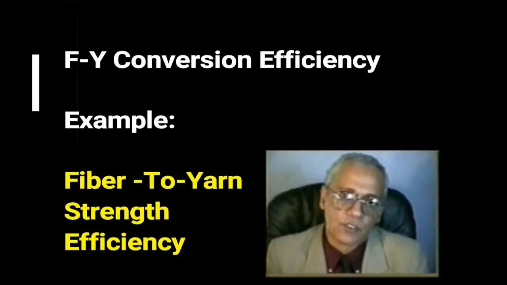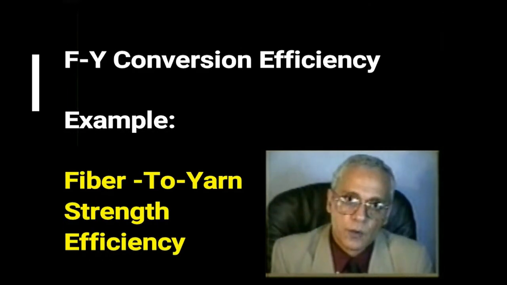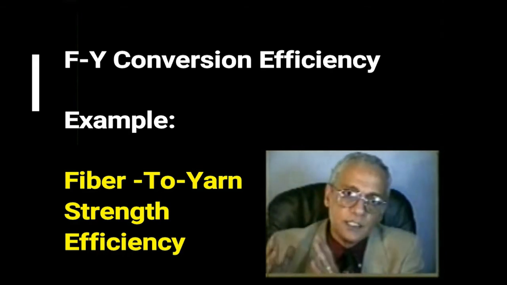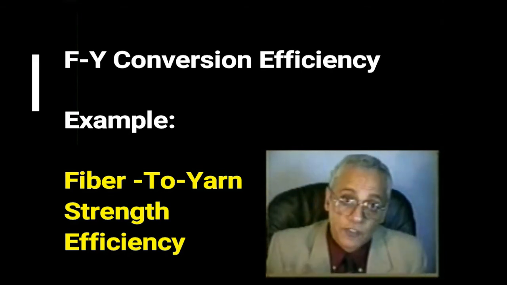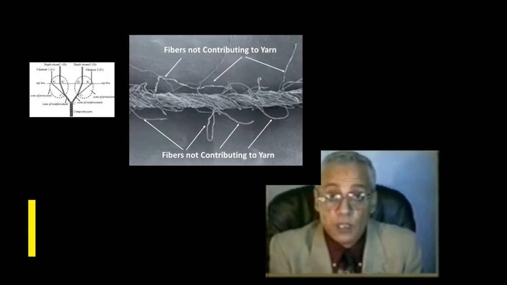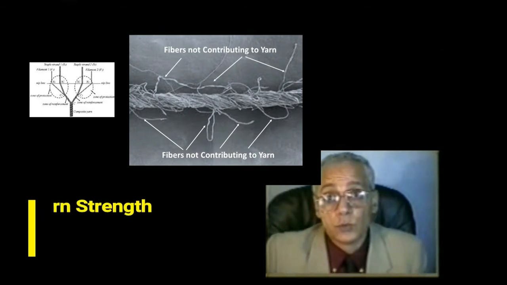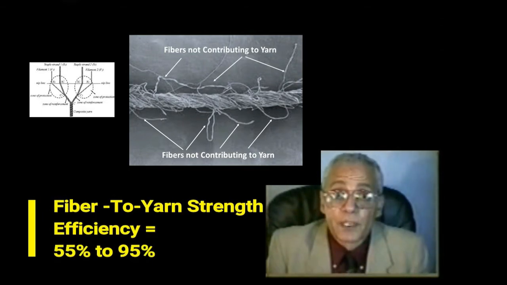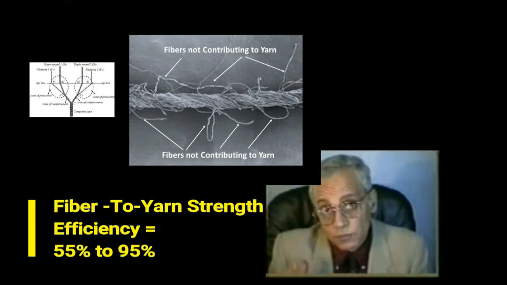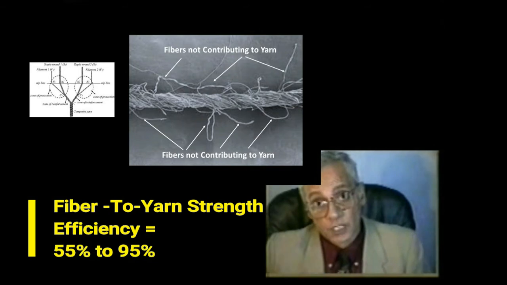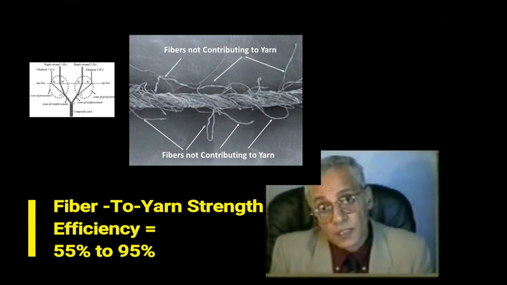Look at the yarn strength versus fiber strength. We call it strength efficiency. You will find that the yarn strength to fiber strength efficiency typically ranges between 55% to 95%. In other words, some companies are able to convert the strength of the fibers almost perfectly to the strength of the yarn. Others are not.